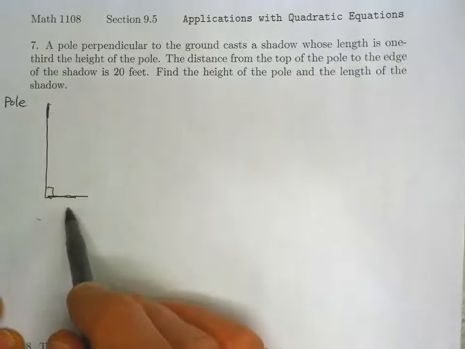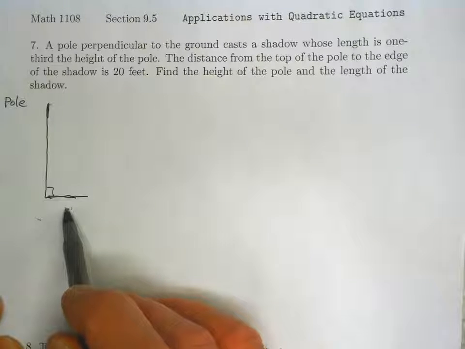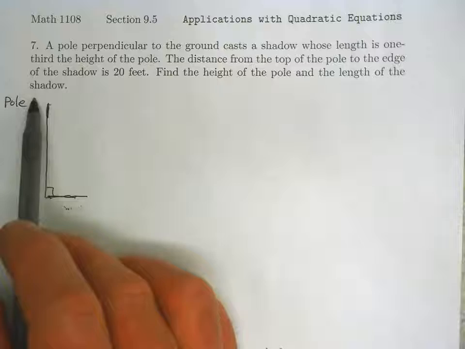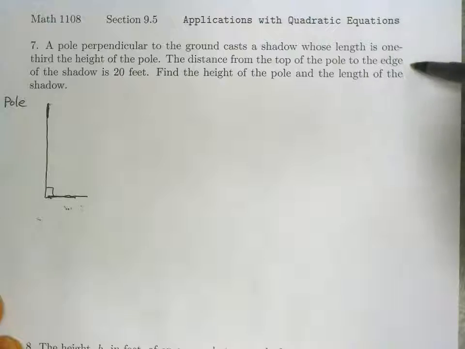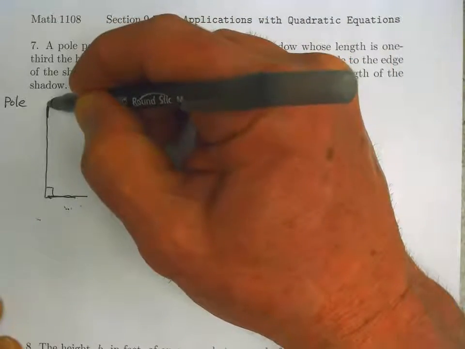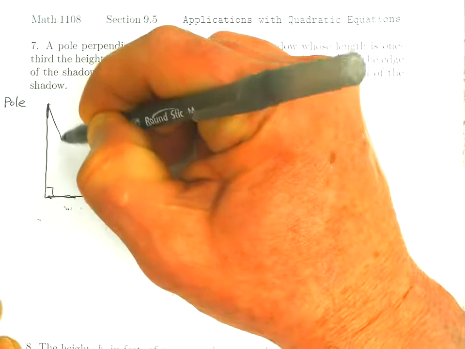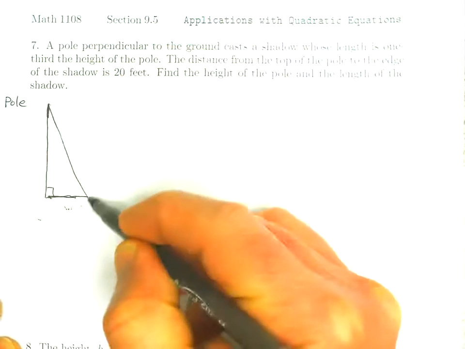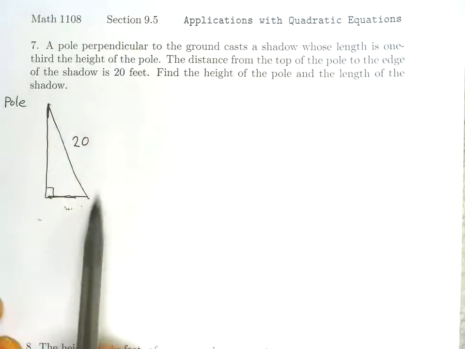And we're told that the shadow is 1/3 the height of the pole. And the distance from the top of the pole to the edge of the shadow is 20 feet. So if we draw a line segment connecting the top of the pole with the end of the shadow, we're told that that length is 20 feet.